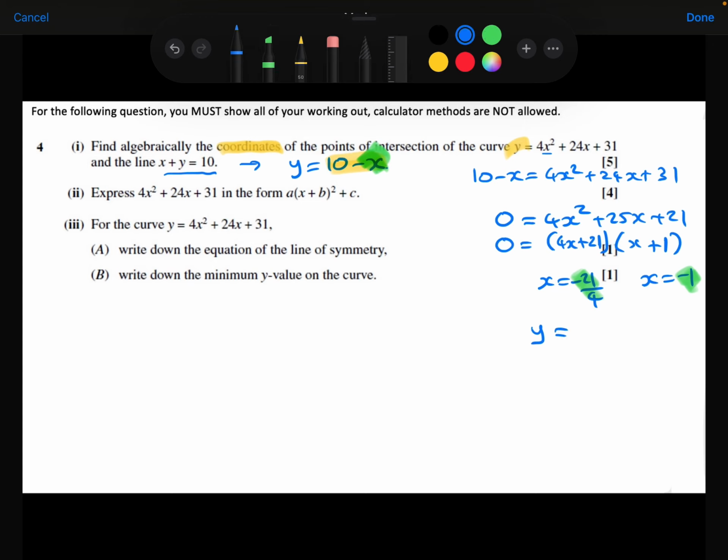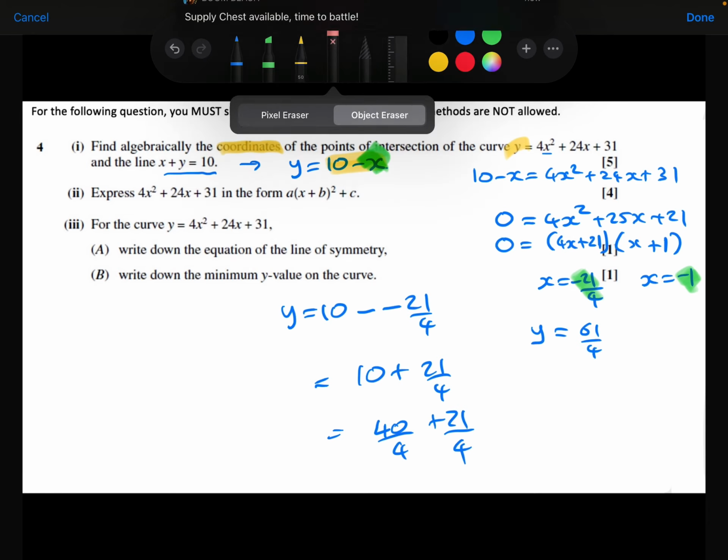When I substitute the minus 21 over 4 in, let me just show you my working out for this. It'll be 10 minus 21 over 4, which is the same as 10 plus 21 over 4. The 10 is the same thing as 40 over 4, so I get 61 over 4.